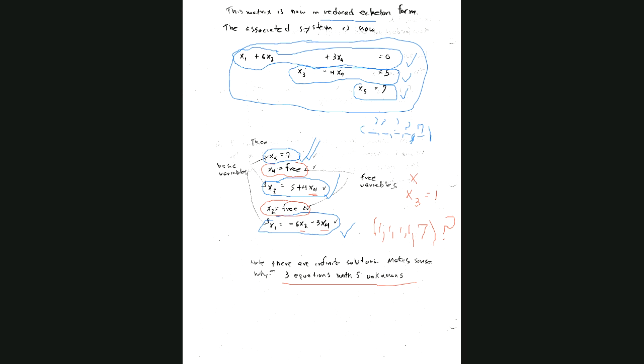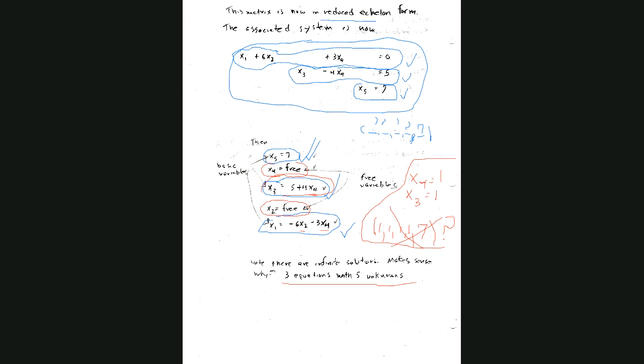So if x4 equals 1 and x3 equals 1, is the third equation satisfied? No. It's a contradiction. Just because you have an infinite number of solutions doesn't mean it can be any old solution. The solutions still have to meet the constraints of the problem itself.